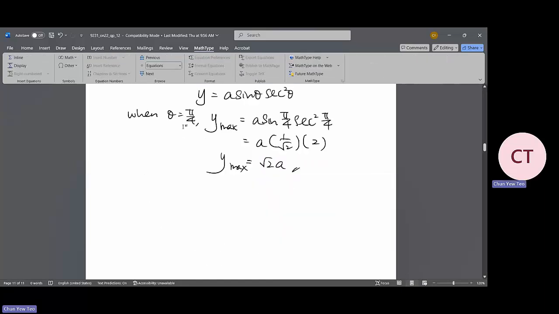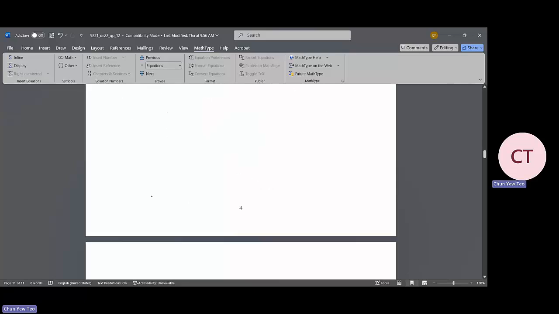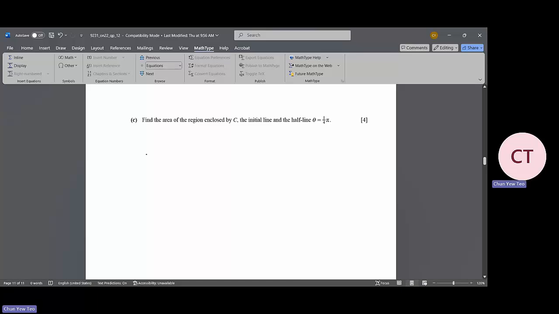The area will be equal to half the integral from 0 to pi over 4 of r squared d theta. That is the formula, just apply it. What is your r squared? Just put r equal to a sec squared theta.